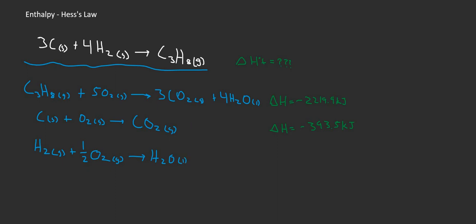Just like that. And the delta H of this third reaction is going to be negative 285.8 kilojoules.